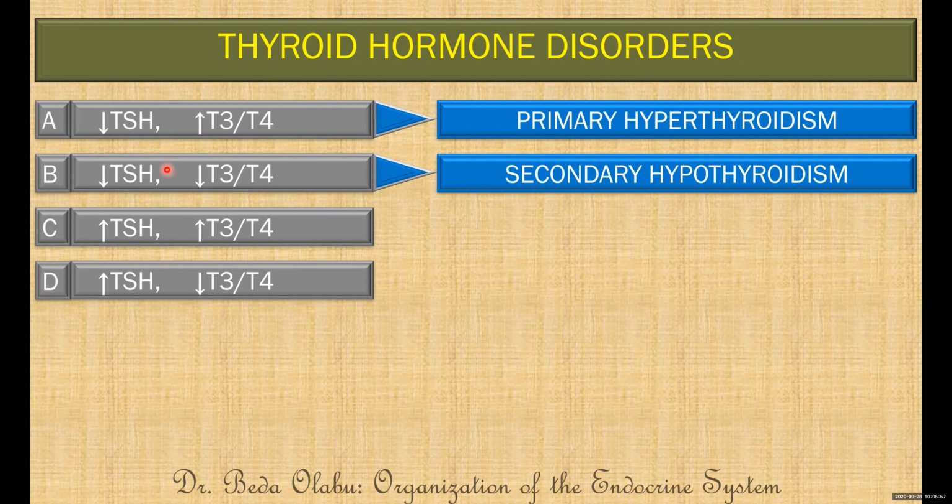In the second one, we have low levels of T3 and T4, so hypothyroidism. And why are these levels low? Because there is no stimulation. The TSH is not stimulating the gland. So this is secondary hypothyroidism.